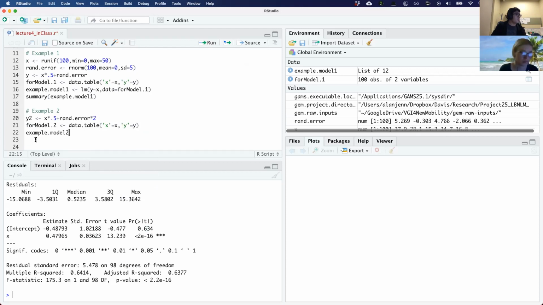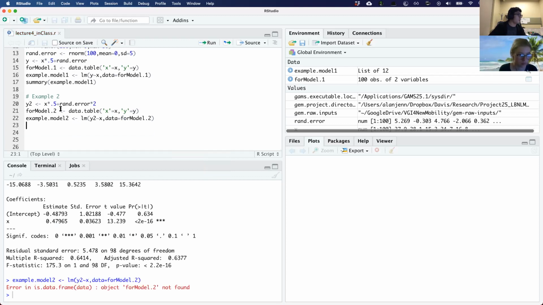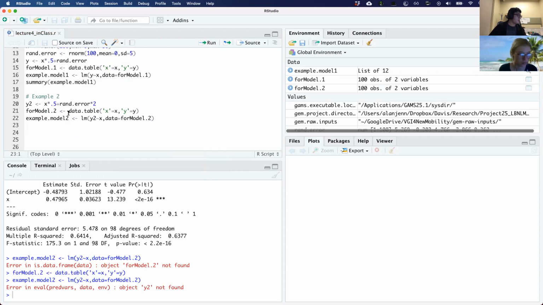And then run the linear model with Y2 instead of Y1. So Y2, this data is from my second data table. Oh, I didn't run it yet. Okay, whoops.